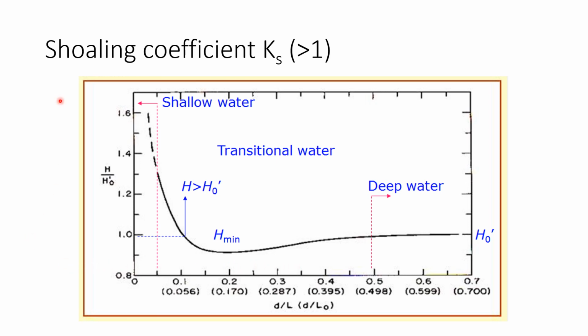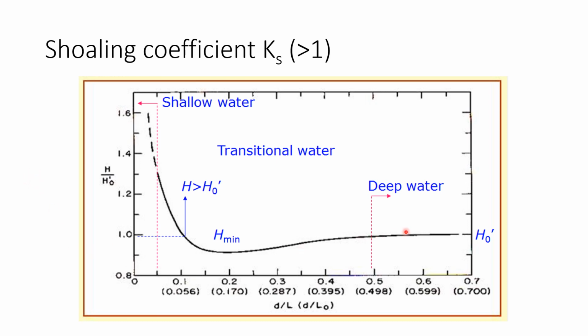The vertical axis here is H over H naught prime, which is basically the Shoaling coefficient, because the Shoaling coefficient is defined as the ratio of the wave height at any location compared to the unreflected deep water wave height.